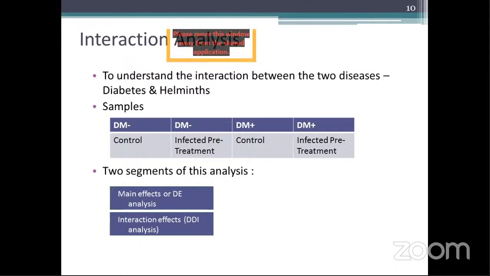The samples that we are particularly looking at are the control and the infected pre-treatment samples from the DM minus set of population. Then we have the control and infected pre-treatment groups from the DM plus group individuals.